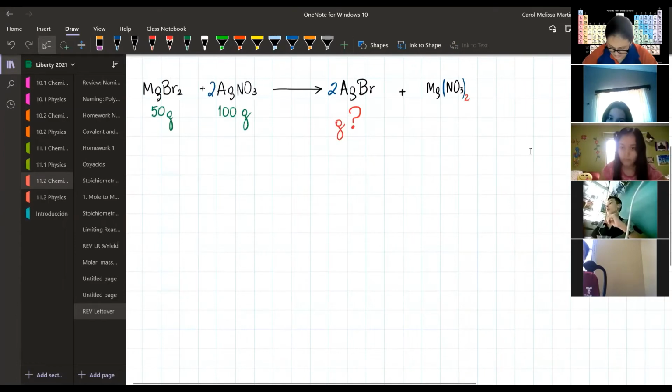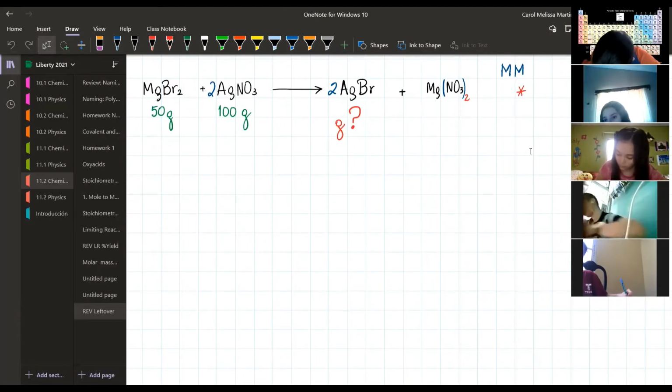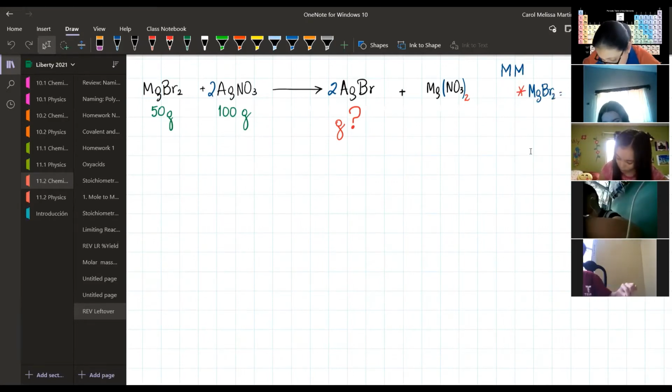Okay, so let's work with the molar masses. I have my first substance that is MgBr2. I have 1 magnesium, 2 bromines.